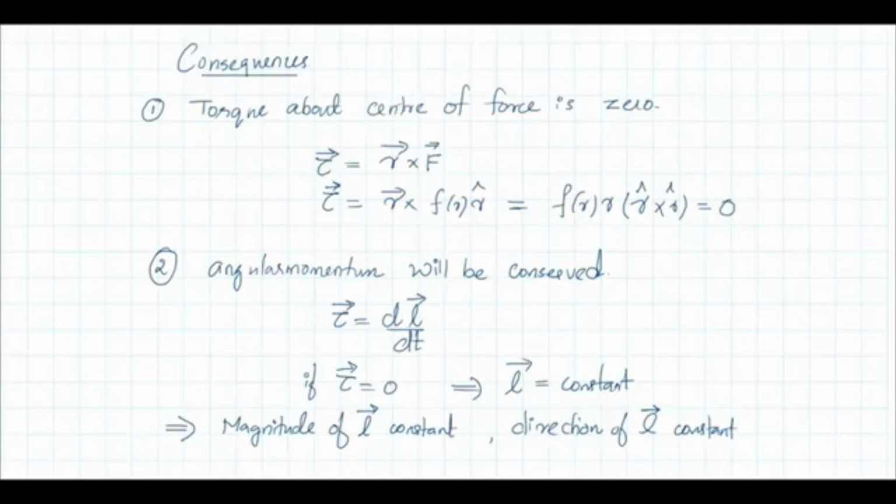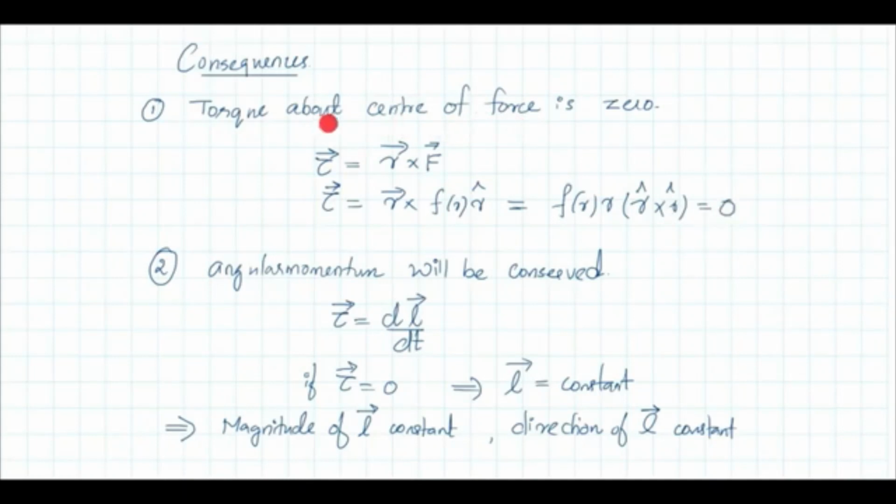Because torque is defined as the cross product of r and F, where r is the position vector of the particle. And in this case, F is F of r times r cap. So this becomes F of r times r cross r cap, where F of r and r are scalars. We can take those outside. r cross r cap will be 0. So the torque about the force center is 0.